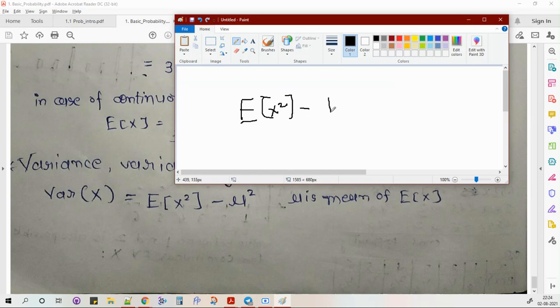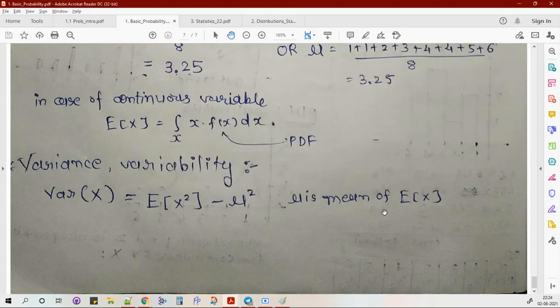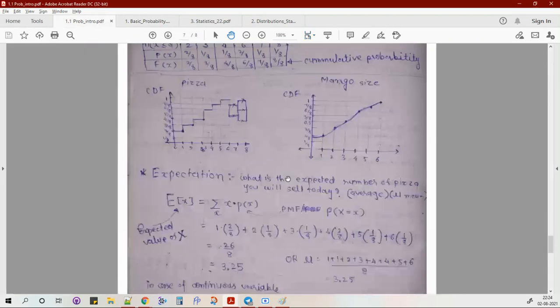Mu is nothing but the mean, expectation of x, and I am taking the whole square. So mu square is nothing but expectation of x, whole square. Sometimes variance is also written like this: variance of x, sigma square, correct? So I guess each formula in this probability intro is done.